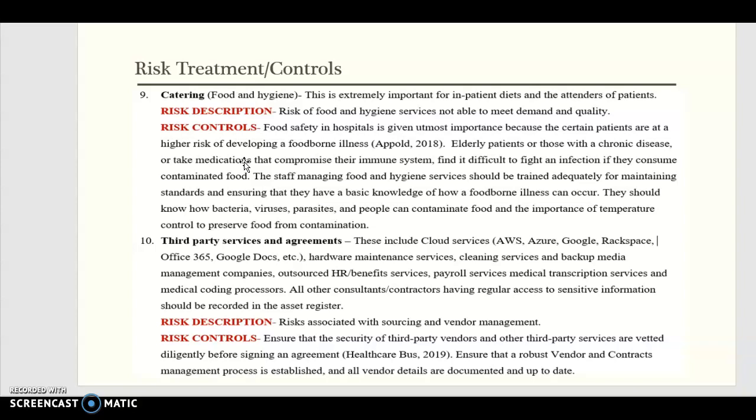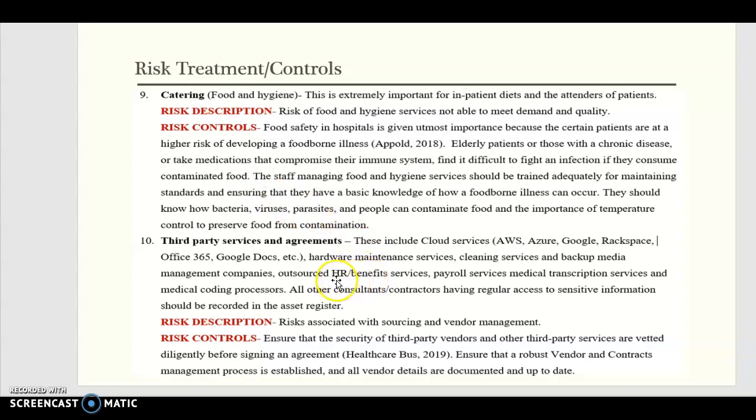Elderly patients or those with chronic diseases or those who take medication, due to which the immune system can be compromised, will find it difficult to fight an infection if they consume contaminated food. Also, the staff managing food and hygiene services should be trained adequately for maintaining standards and ensuring that they have a basic knowledge of how foodborne illnesses can occur.